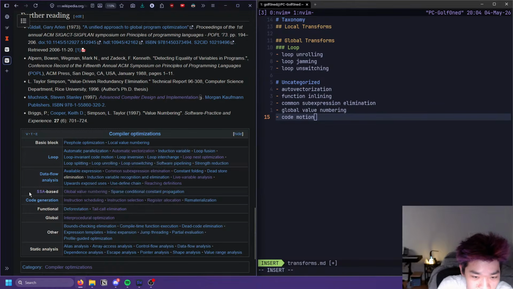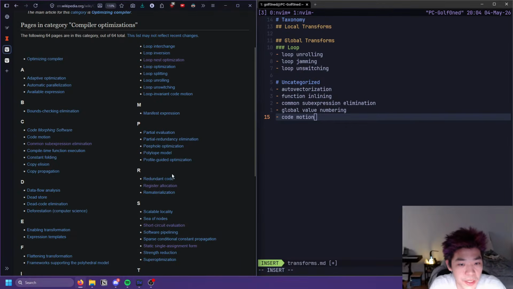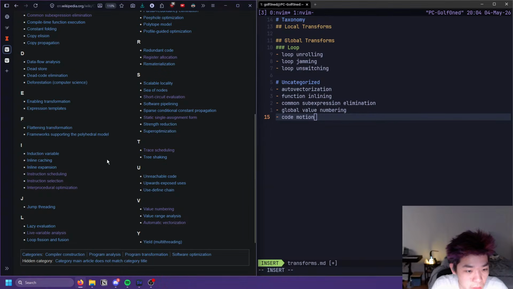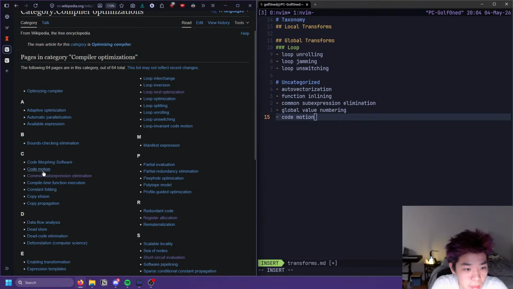Deforestation, what are we calling it? Where did this go? Is there a hoisting page somewhere? Code motion.